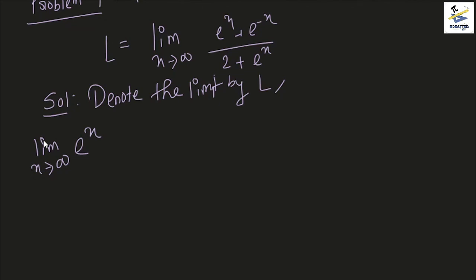When this happens, we give the answer as plus infinity, right? But if it is the limit as x tends to infinity of e to the power minus x, then the answer becomes 0. These are some of the things that we need to understand in order to do this problem.